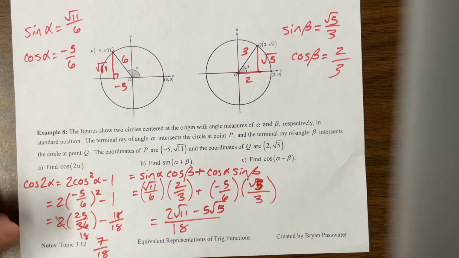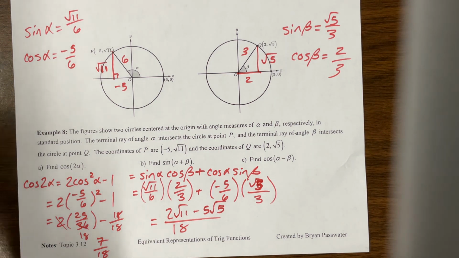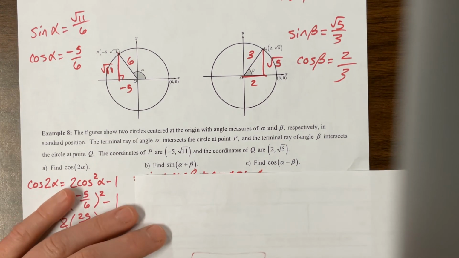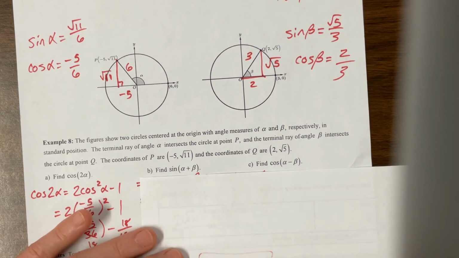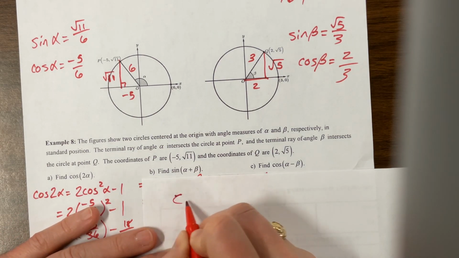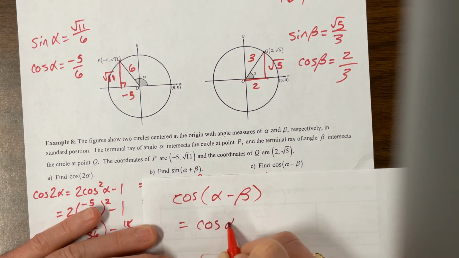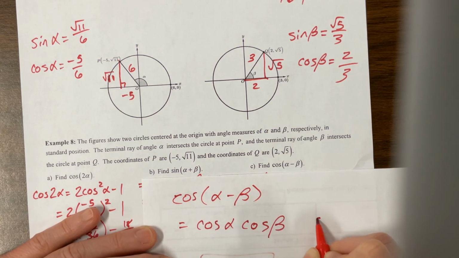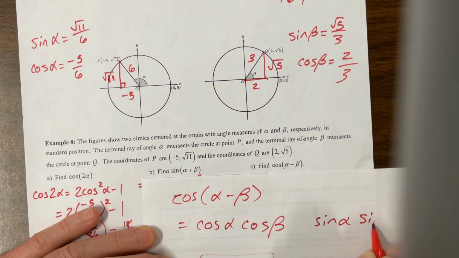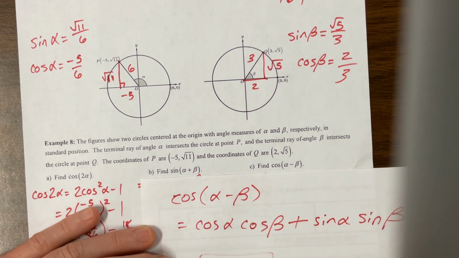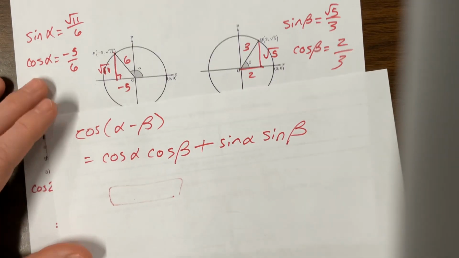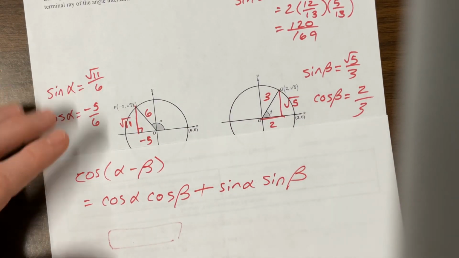Okay, how about I get another clean sheet of paper for this last one? Here's a blank spot. Cosine of alpha minus beta is equal to cosine, cosine, sine, sine, with the opposite sign in the middle. Now we can look back at what we've written down.